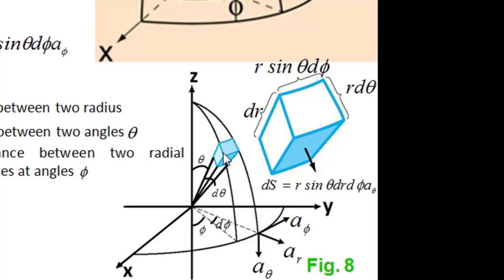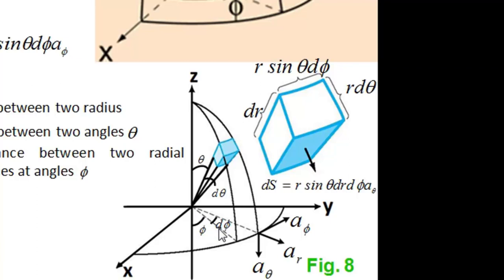For arc length, we calculate length multiplied by angle. So this is r multiplied by d theta. That's why in the theta direction, the arc length is r d theta. Whereas in the phi direction, we can calculate similarly, radius multiplied by change in angle. In the phi direction, it is also an arc length. So arc length is basically calculated by radius multiplied by angle.